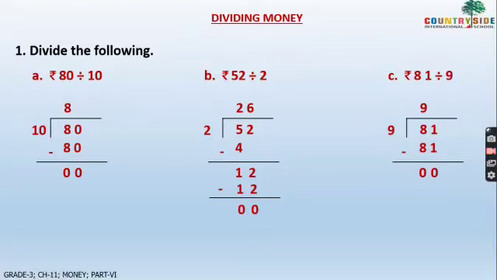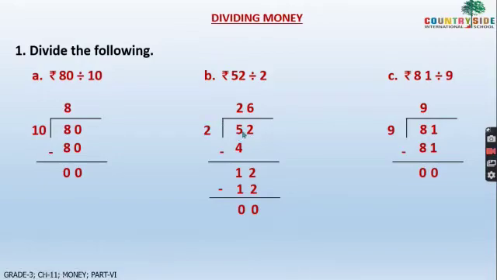Now see the next example, rupees 52 divided by 2. In the 2 table, does 52 come? First we will take one digit. Why are we taking one digit here? Because in the 2 table we will see whether 5 comes or not. If it is not coming, we will take the smaller number. In the 2 table, does 5 come?